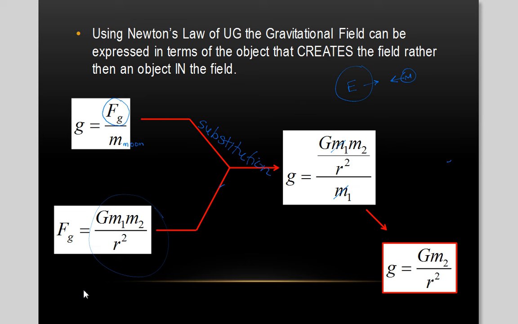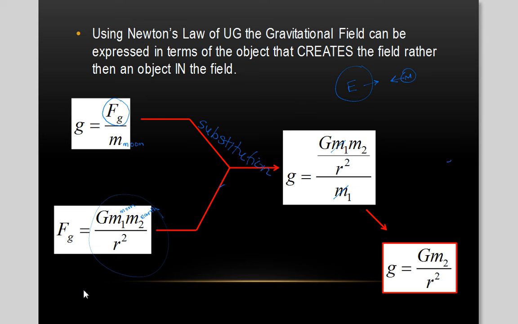Because the Earth is much more massive, we would assume that the Earth is the source of this gravitational field. So then you have the mass of the Moon and the mass of the Earth in this formula.